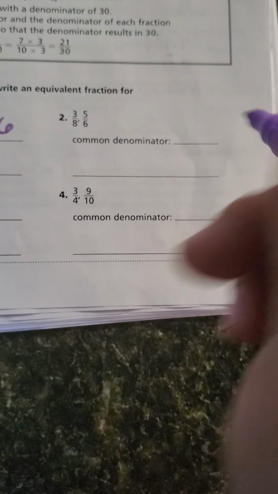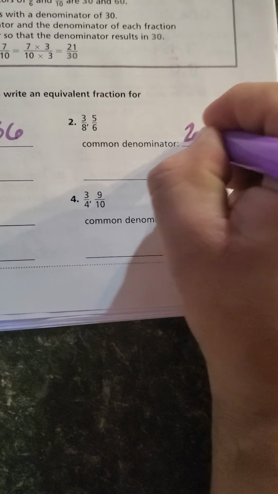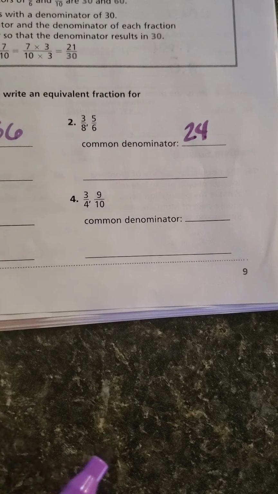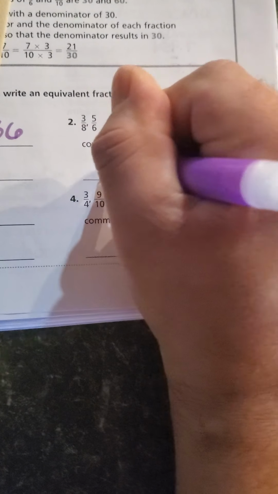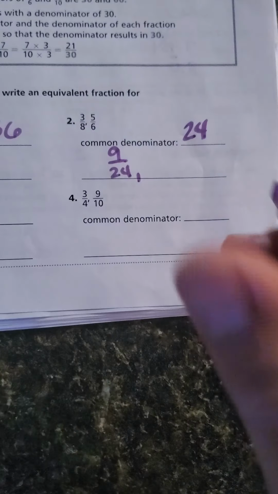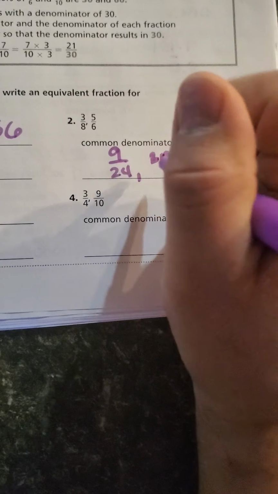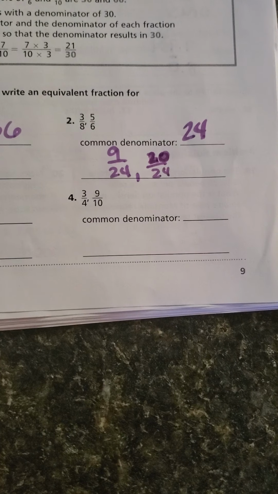My common denominator was 24. My equivalent fraction, 3/8 is now 9/24. 5/6 is now 20/24. So that's your answer on that one.